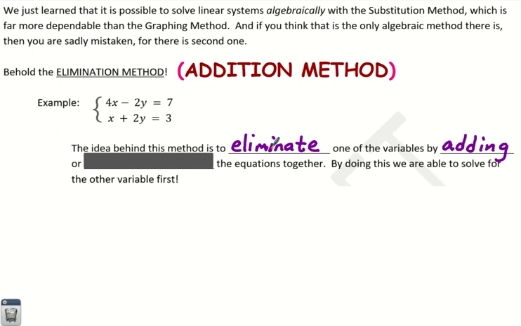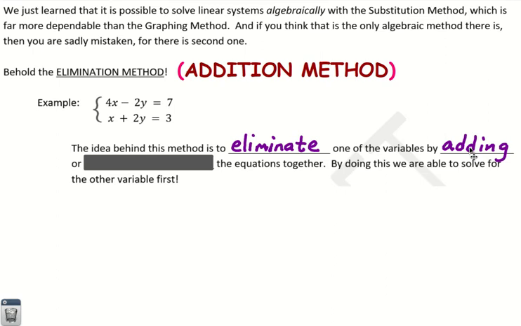Here we're going to be doing it by adding the equations together, or I'm not gonna pretend that this whole thing doesn't exist, especially since you might have learned it in Algebra 1. You can also technically subtract the equations, but I like to focus only on adding.